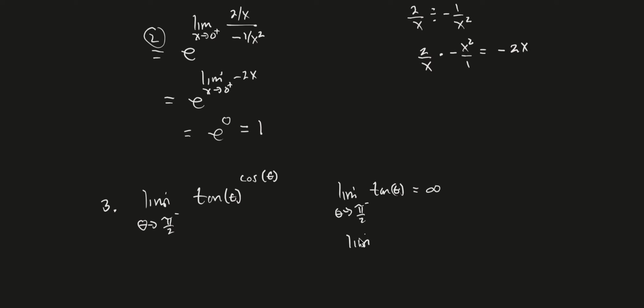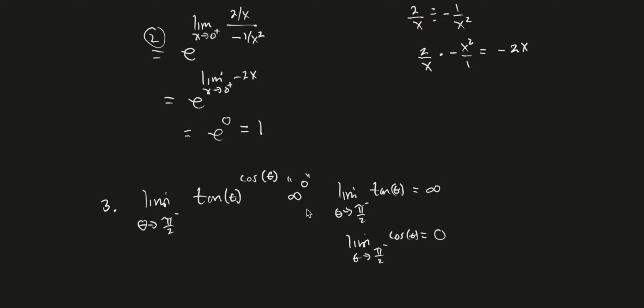And then what happens to the exponent? Well, as theta approaches pi over 2 minus, the cosine function approaches 0. So this is of the form infinity to the 0, right? And what does this mean?